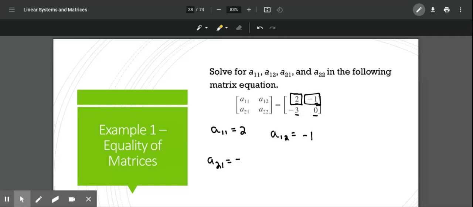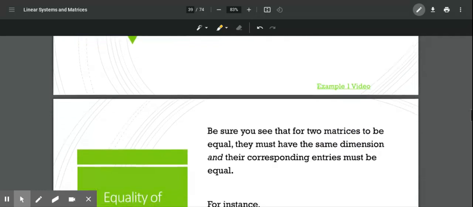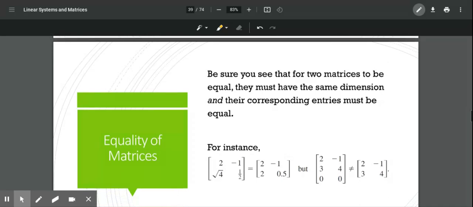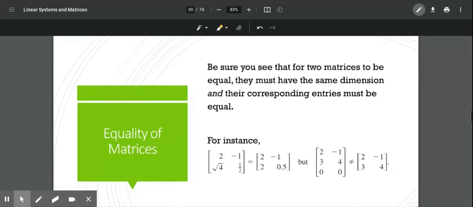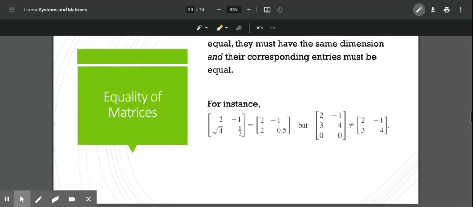A21 would need to be -3. And A22 would need to equal 0. So be sure that if you have two matrices, in order for them to be equal, they have to have the same dimension and the same corresponding entries.